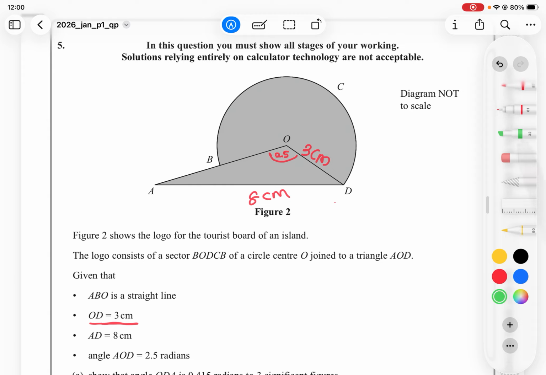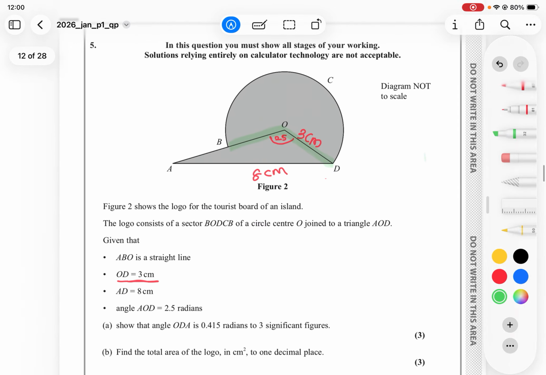Okay, so as we know, this is a radius and this is also a radius, but let's keep it highlighted in case it's needed for the calculations.